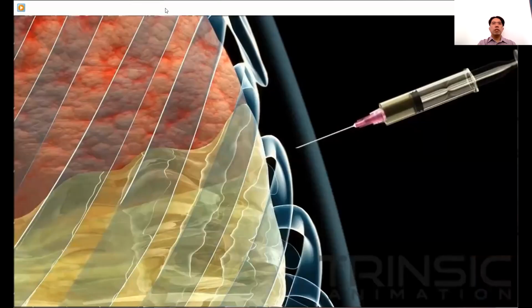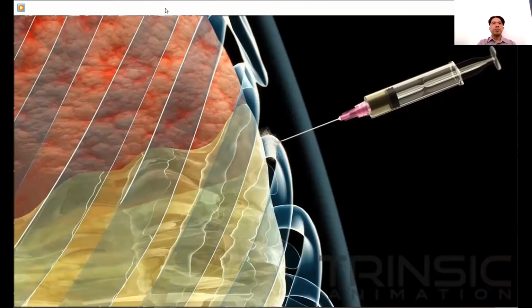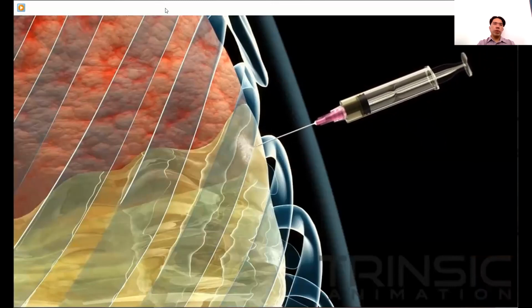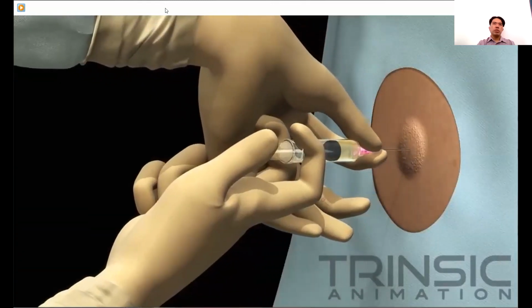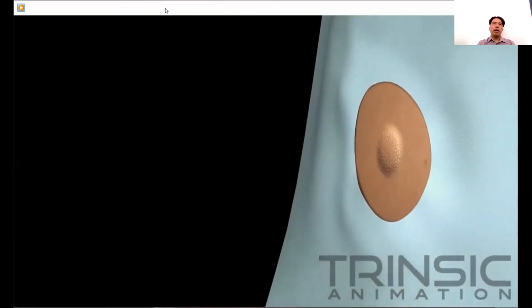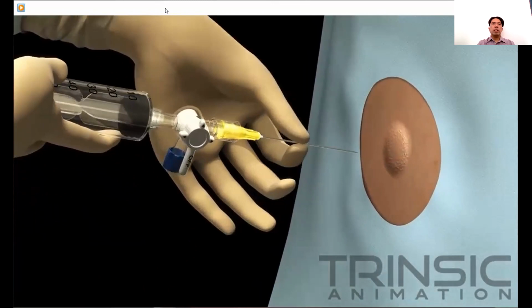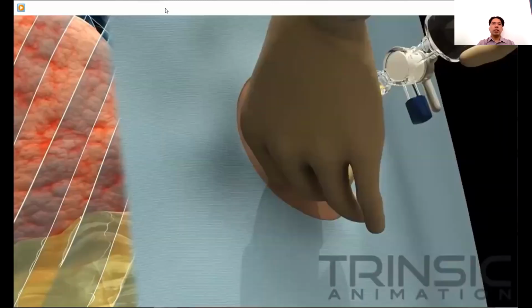So you see here that there is a needle performing infiltration of local anesthesia. You're seeing pleural effusion, which is the serous fluid. By anatomy, you see that the patient is positioned sitting, and the needle places itself in the thoracic cavity.